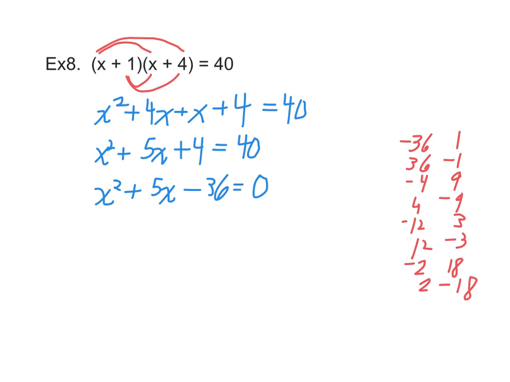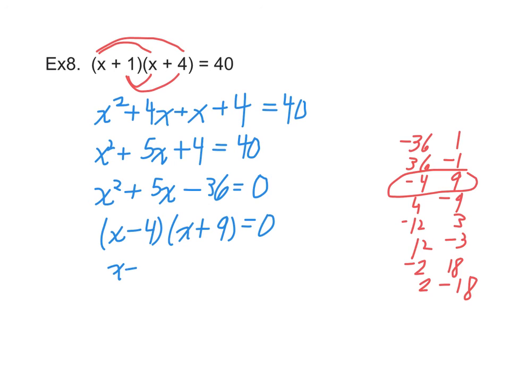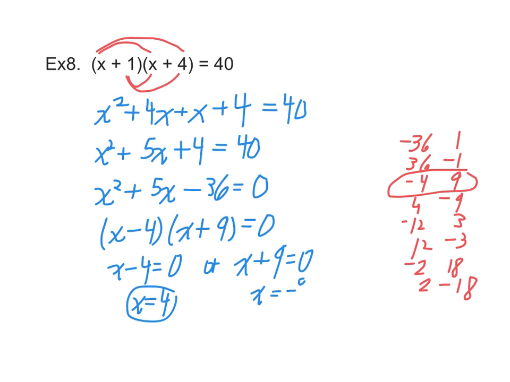I think I found it right here. Our factors are x minus 4 times x plus 9. So either the x minus 4 equals 0, or the x plus 9 equals 0. Two solutions, 4 and negative 9.